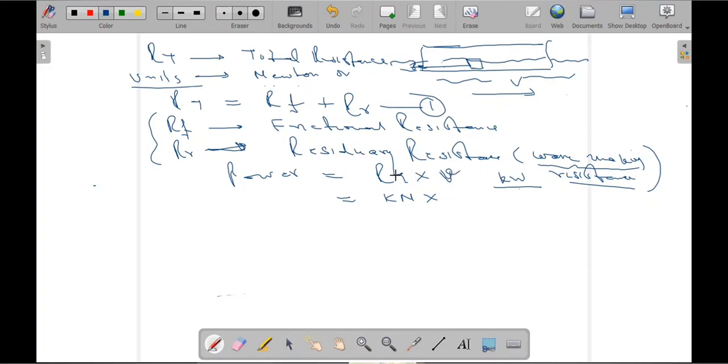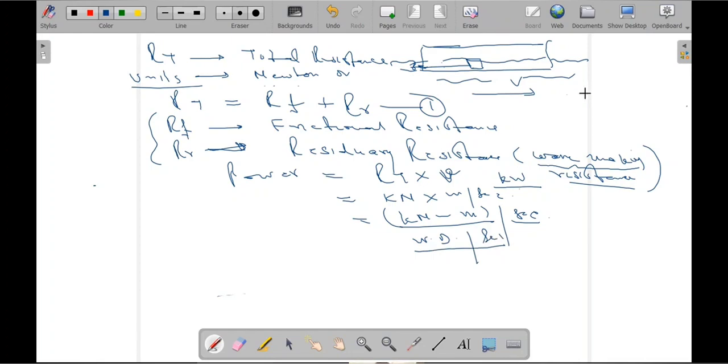And therefore, if you only write the units, kilonewton into meters per second. So what is this? Kilonewton meter per second. Kilonewton meter is what? Work done. And work done per second is power. That is the basic definition for power.